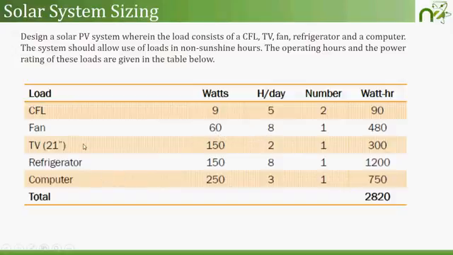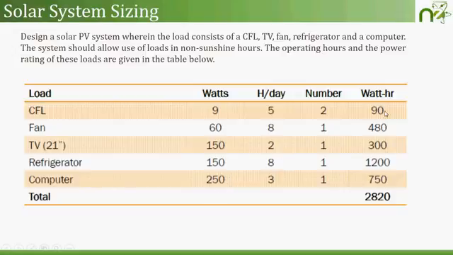You have a 21 inch TV of 150 watts, which runs almost 2 hours per day, one number. You have a refrigerator of 150 watts, which runs 8 hours in a day, one number. You have one computer of 250 watts, which runs almost 3 hours in a day.